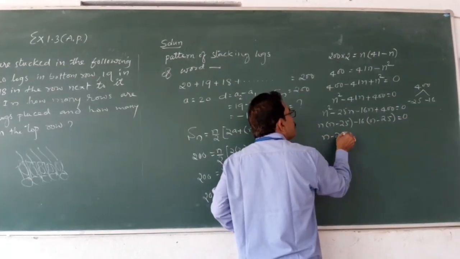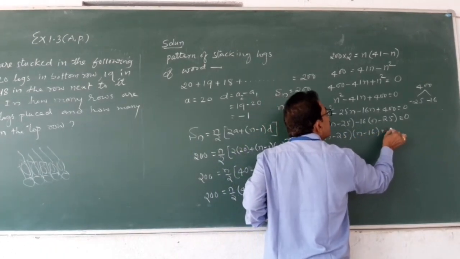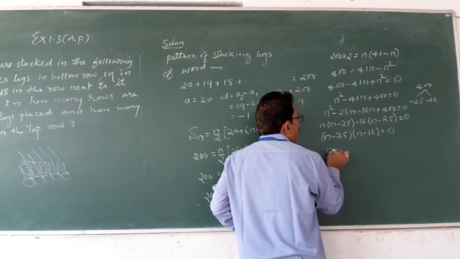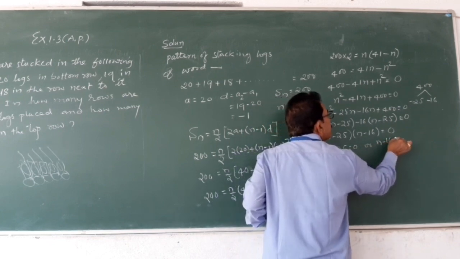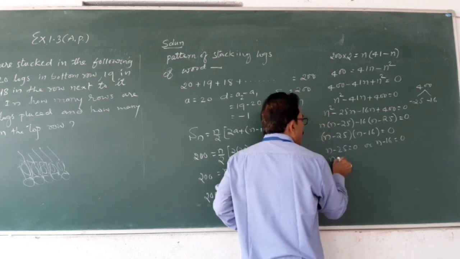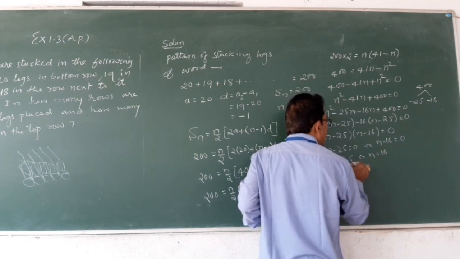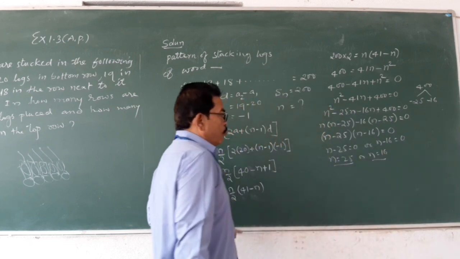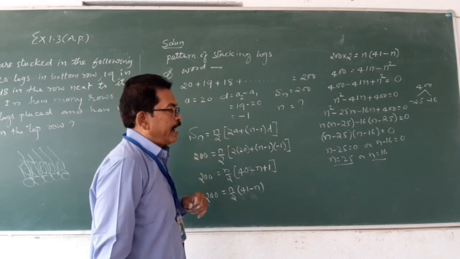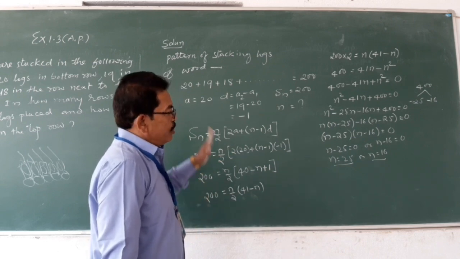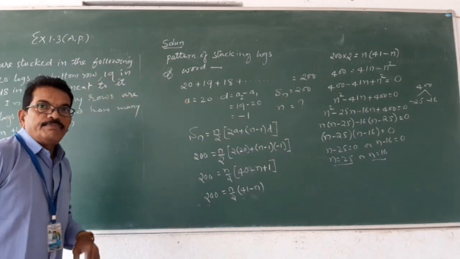So n minus 25 into n minus 16 equals 0. n minus 25 equals 0 or n minus 16 equals 0. n equals 25 or n equals 16. Both the answers we got are positive. We have to check which one is correct. So, see the solution once again.